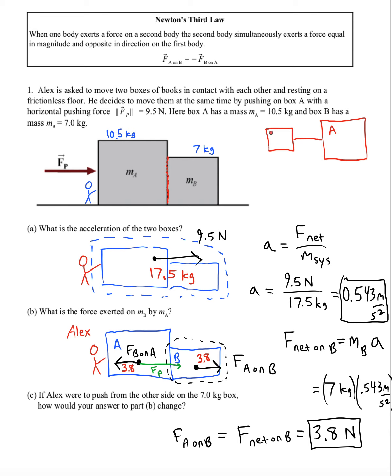So this is block A and this is block B. Now Alex only pushes on block A. So in the analogy, he is like the gravity that is applied to the hanging mass. See? So he pushes this way with 9.5 newtons on the hanging mass. His push doesn't get applied to block B, but a force gets applied to block B nevertheless through the cable instead.